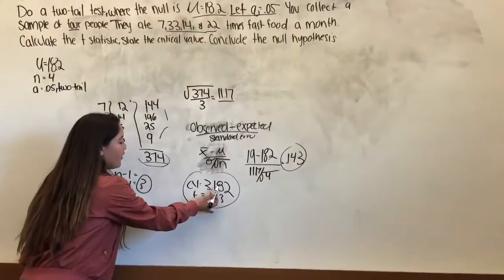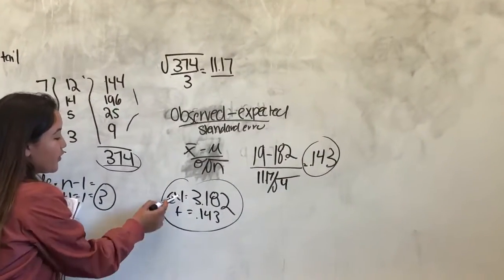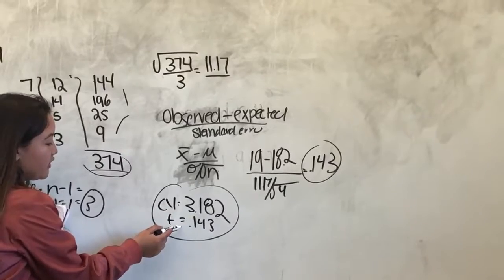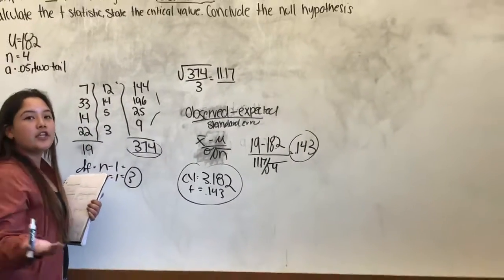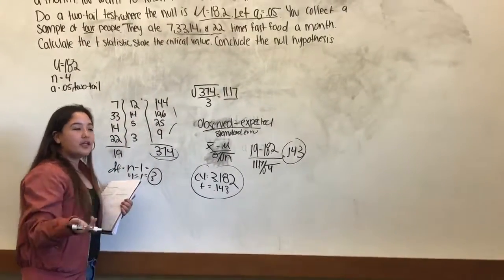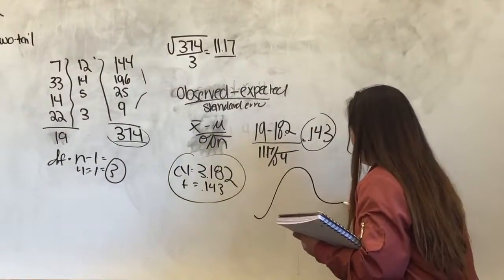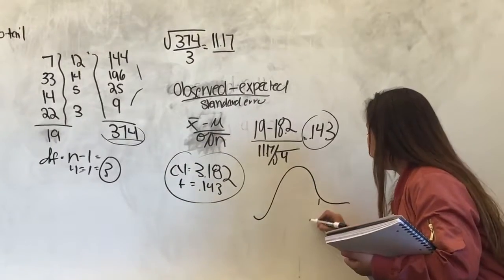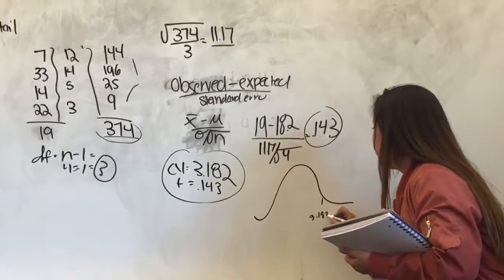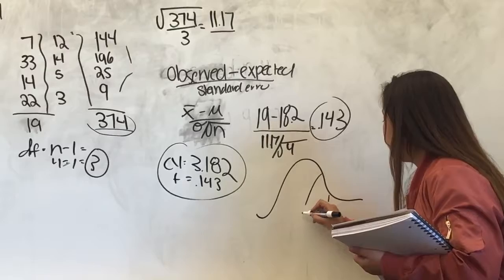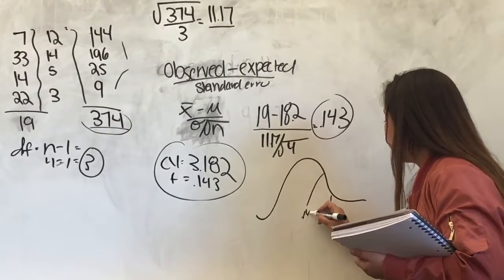So this is the critical value, and this is our t-value, and because the critical value is larger than the t-value, we're going to fail to reject our hypothesis, and we can visually see this with a normal distribution. So the critical value would be placed at 3.182, and the t would be placed somewhere along these lines, 0.143.